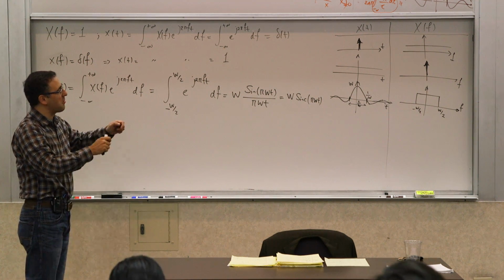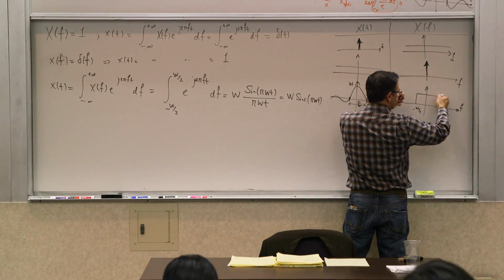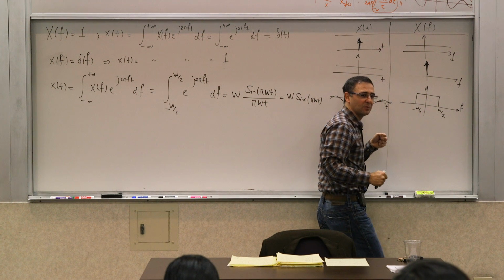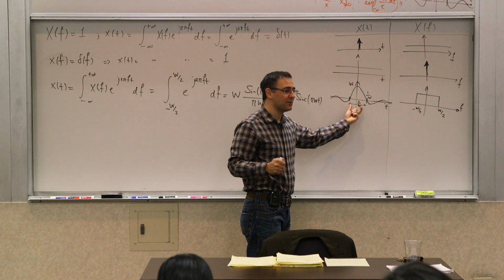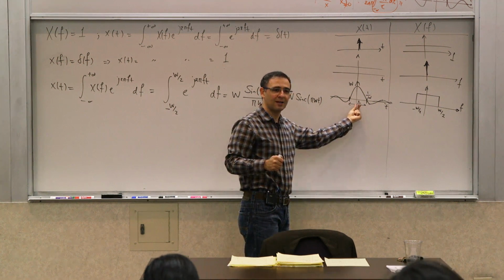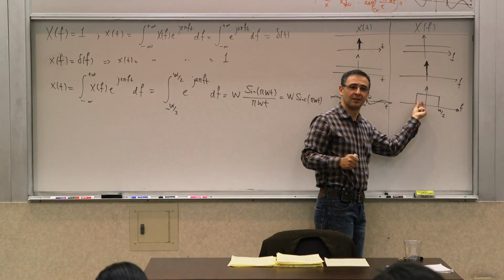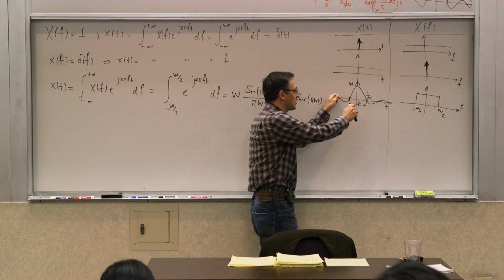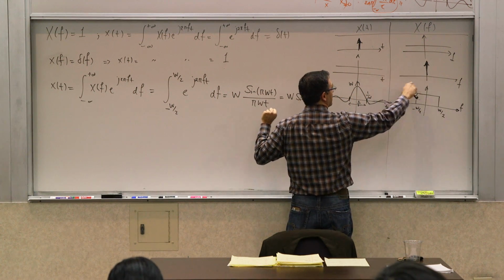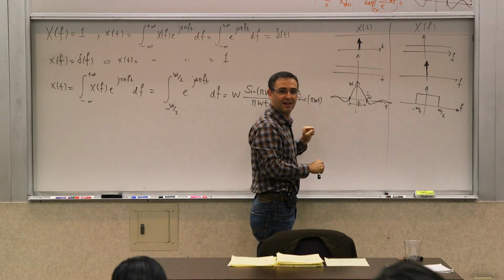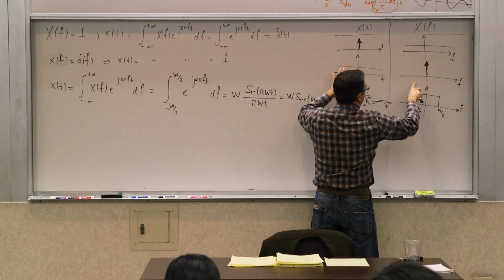Now, if I start making this wider, a wider band system, or the response of a wider band filter, what happens to the time signal? It becomes narrower, and vice versa. If I make this very narrow, this starts getting wider and wider. In the limit, when I make this extremely narrow, this becomes extremely wide, which is this. And the other limit is this being extremely wide and this becoming extremely narrow. So these are limits of that.